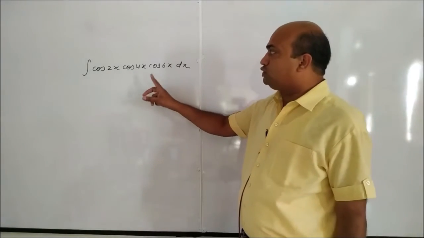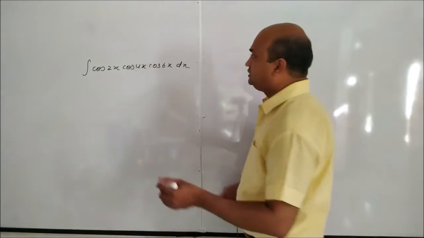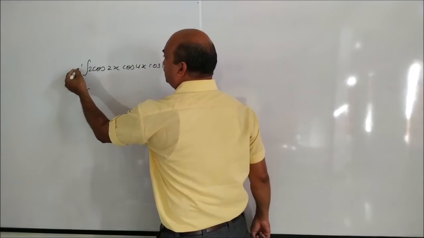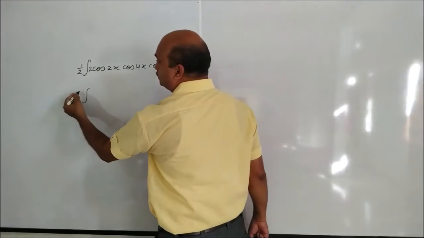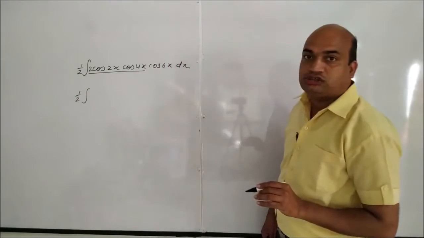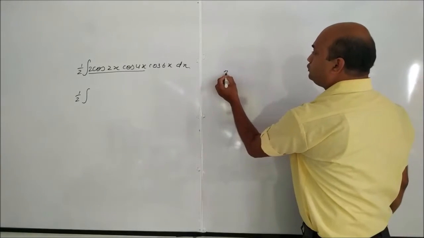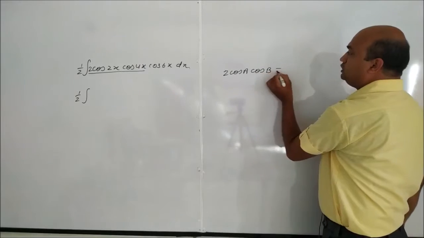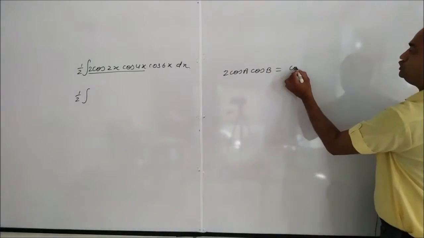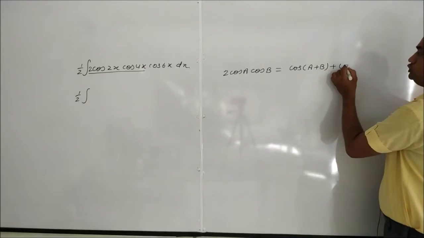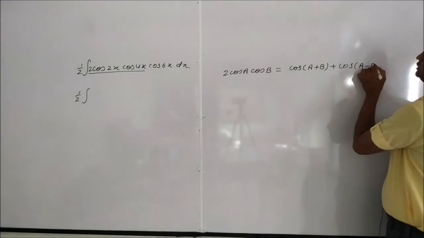Integration cos 2x cos 4x cos 6x dx. You see, we multiplied by 2 and divide by the same. This 1 by 2 out same, and here we apply 2 cos a cos b. The formula of 2 cos a cos b is cos a plus b plus cos a minus b.